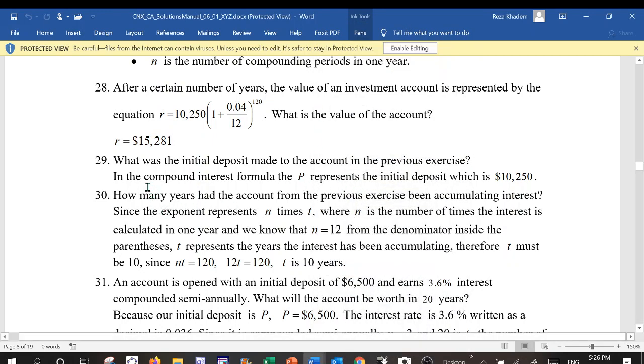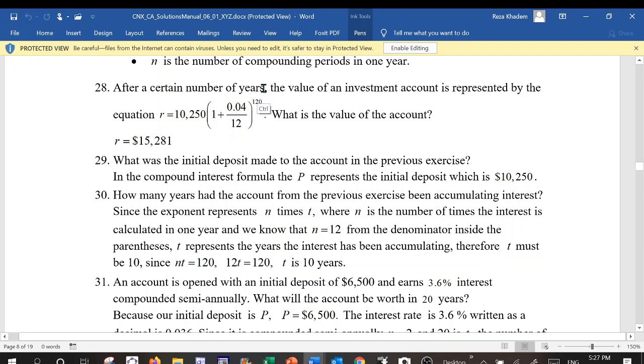Now it says, what was the initial deposit made to the account in the previous exercise? So the initial amount is what you start with, right? So what you started with here was 1050. Now, how many years had the account from the previous exercise been accumulating interest?